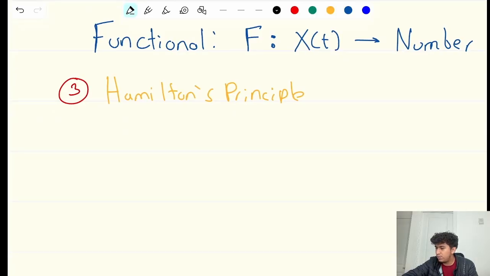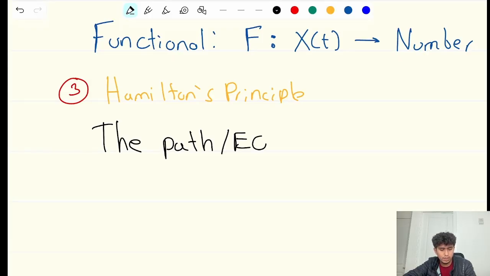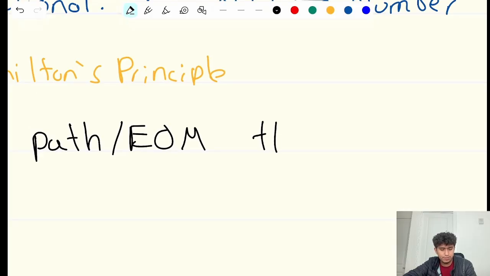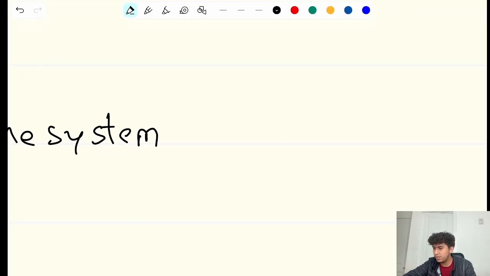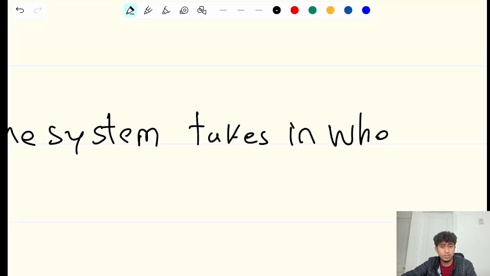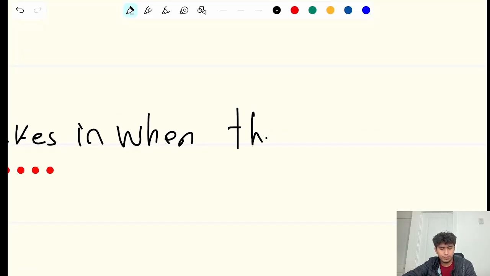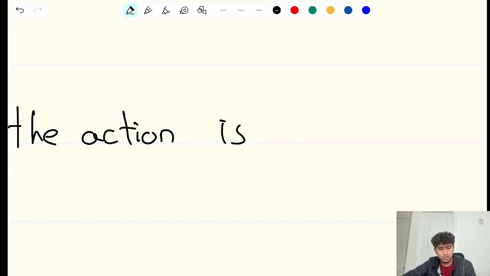Okay, so Hamilton's principle just tells you the following. I'm just going to state it. The path or the equation of motion the system will take, whatever your system described by the Lagrangian, is the one where the action is stationary.